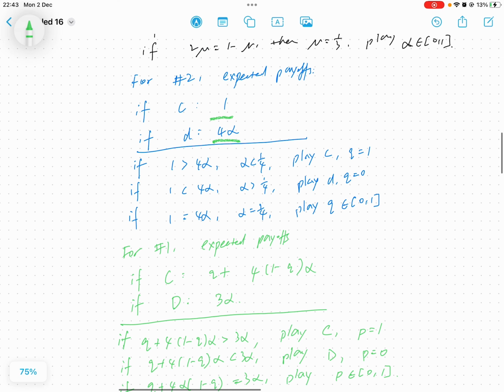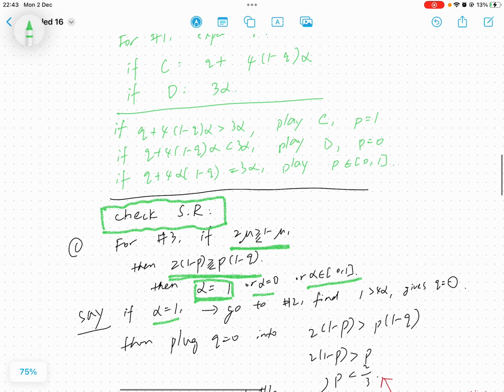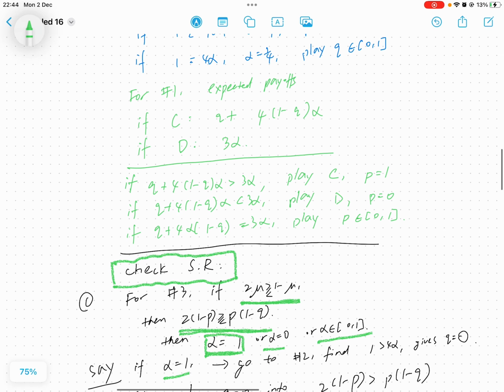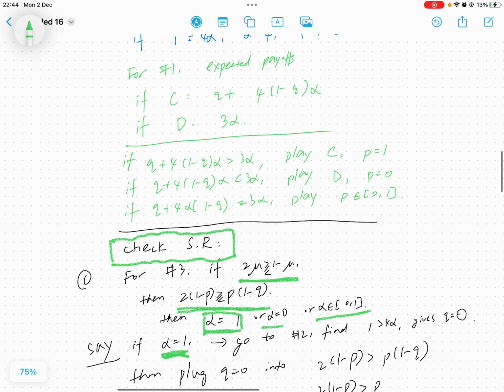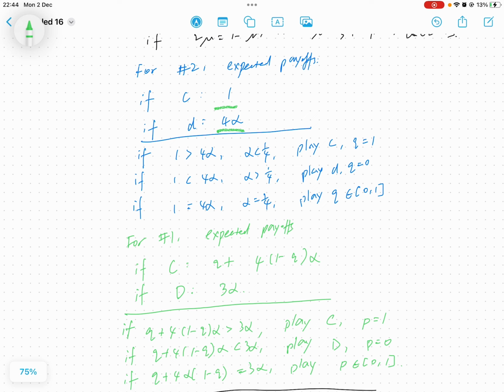So let's see, where does this come from? That comes from here, right? If alpha is 1, that should be this case.